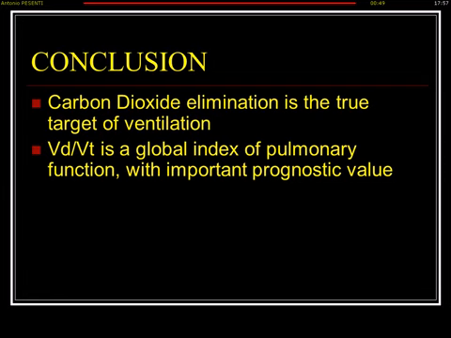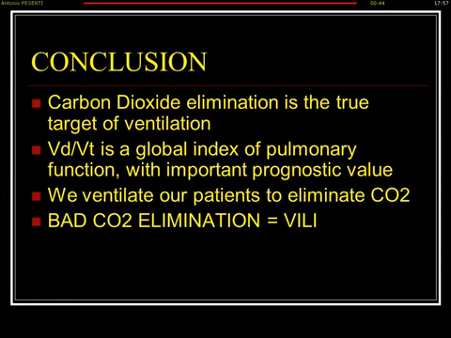Second, carbon dioxide elimination is a major problem in ARDS, and dead space is a major problem. And as a matter of fact, the difficulties in eliminating CO2 are the main cause of ventilator-induced lung injury, because that is the reason why we ventilate these patients so much. Thank you very much.